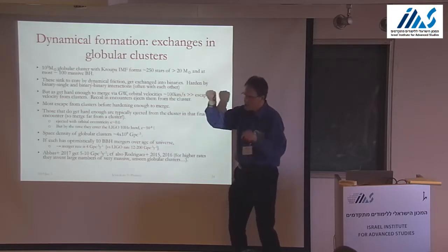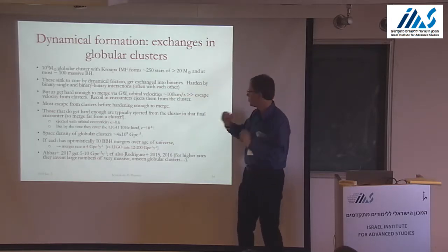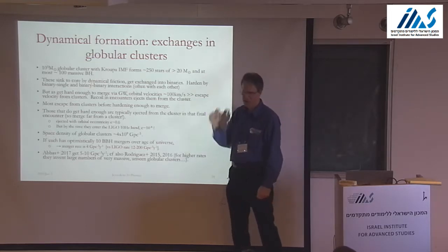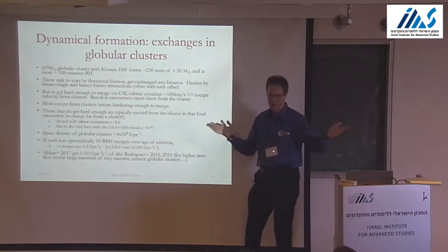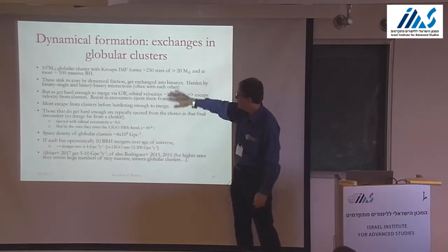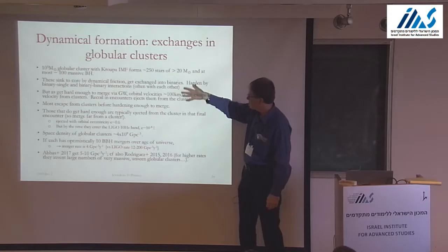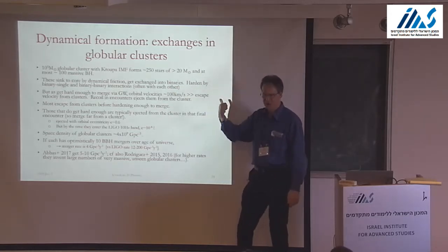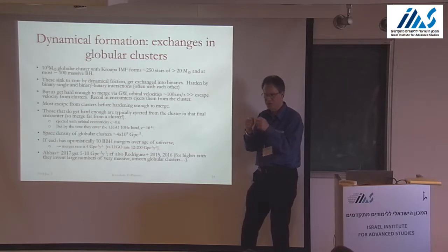But in order to get them close enough to merge in a Hubble time, the orbital velocities need to be of order 100 kilometers a second. Half of that is 50 kilometers a second, and 20 kilometers a second already unbinds you from the globular cluster. So in simulations of the evolution of this, most of the black hole binaries get kicked out of the cluster before they get close enough to each other to actually merge in a Hubble time.